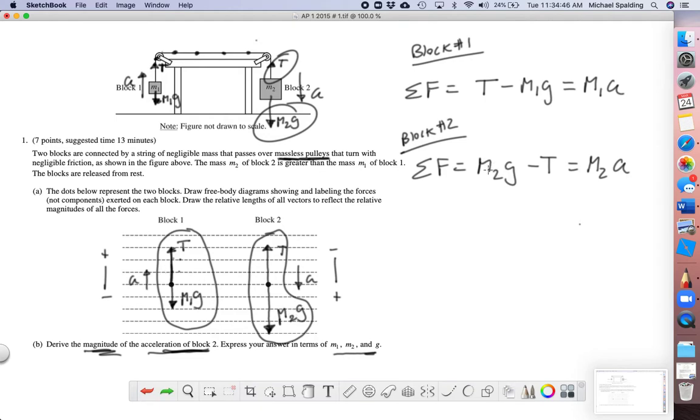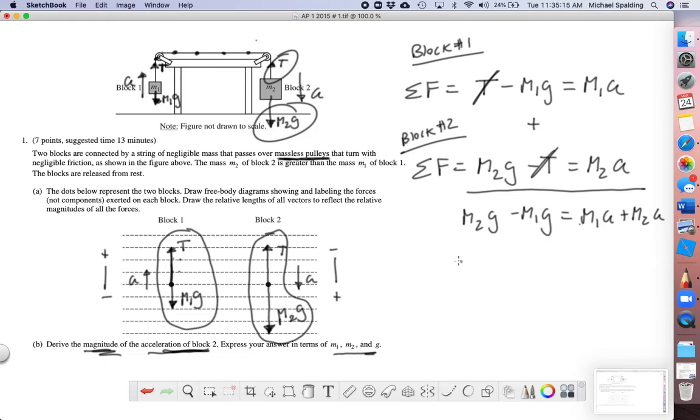Now we're going to combine these two equations. I think the easiest way is to just add them together, which does not violate any rules of algebra. Adding these two equations, the tensions will cancel because we have positive T and minus T. That leaves us with M2G minus M1G equals M1A plus M2A.